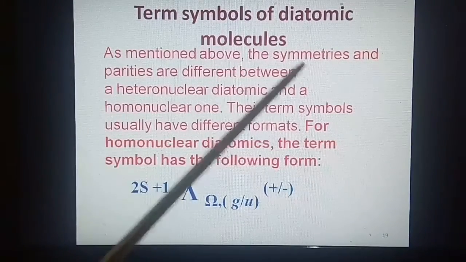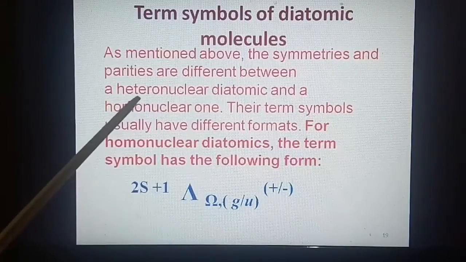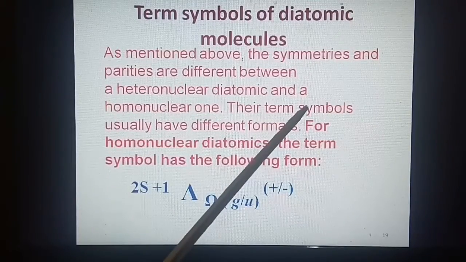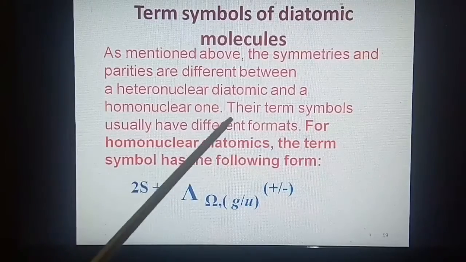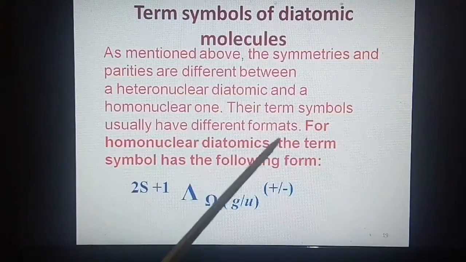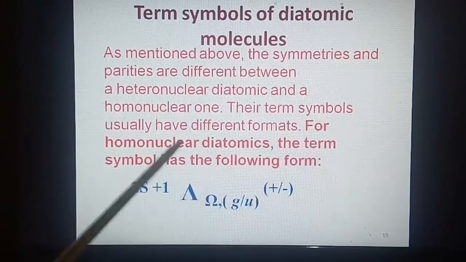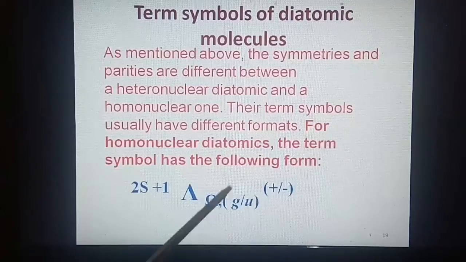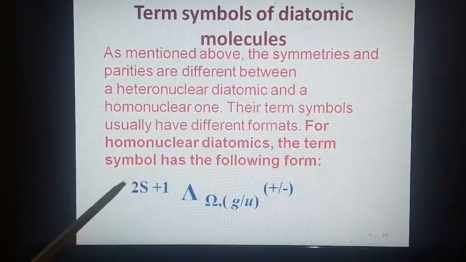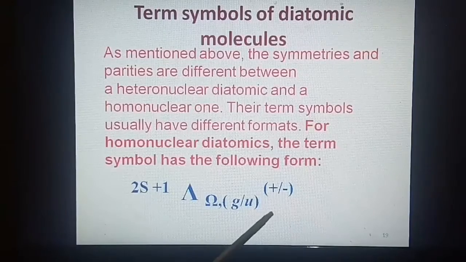As mentioned above, the symmetries and parities are different between a heteronuclear diatomic molecule and a homonuclear one. Their term symbols usually have different formats. For homonuclear diatomics, the term symbol has the following form: the spin multiplicity at the upper left, lambda, and omega at the lower right.